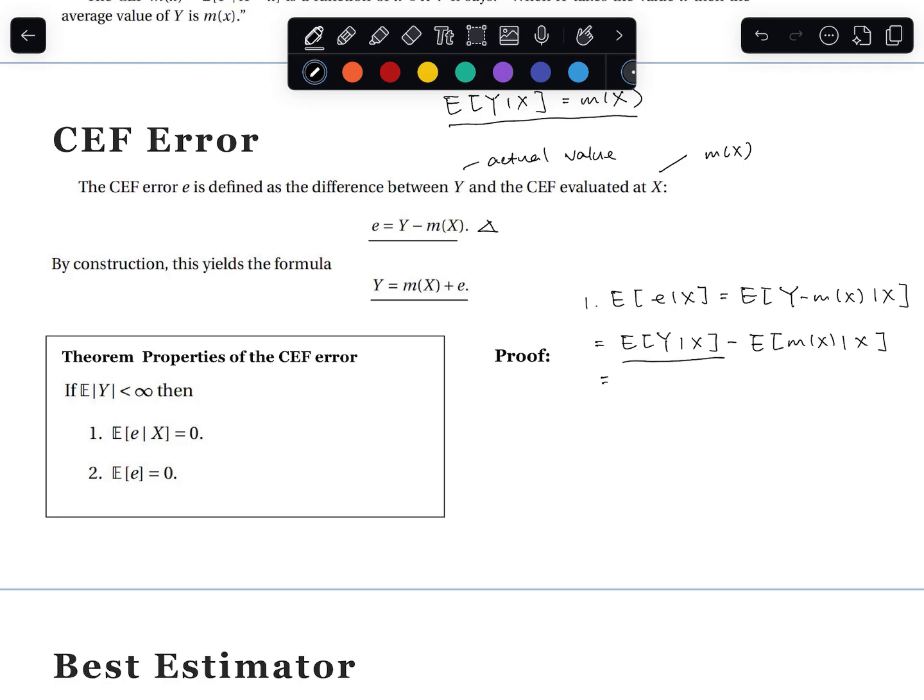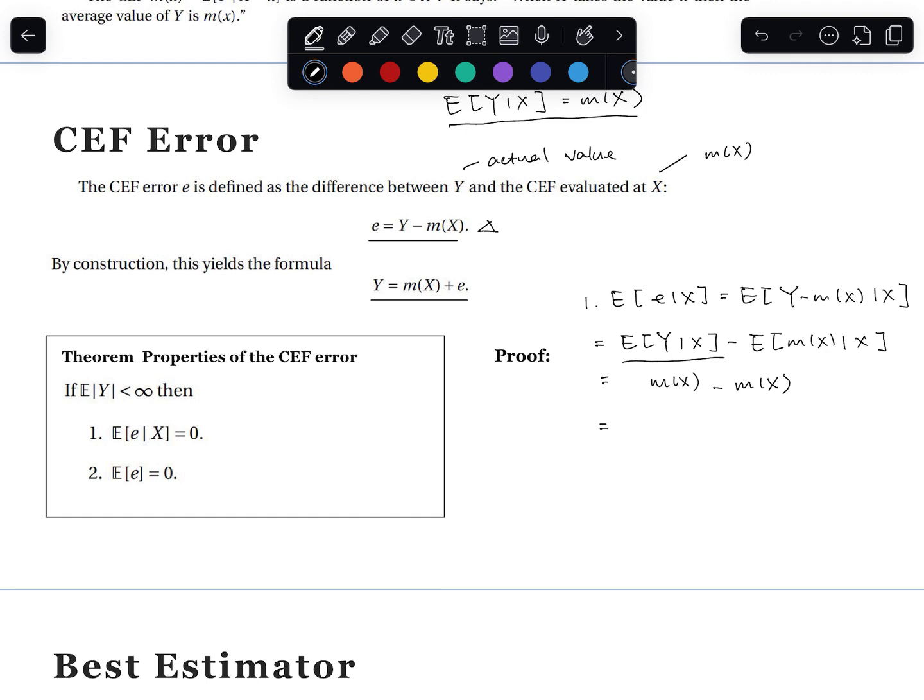And when conditioning on x, the m(x) is just itself. It will not influence the average value of it, because m(x) is just a function of x.